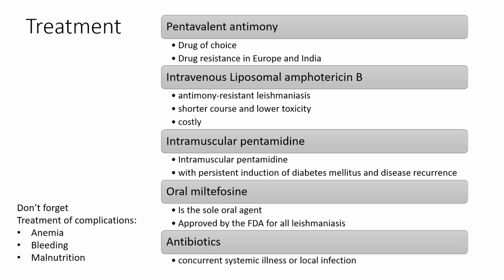Another available treatment is intramuscular pentamidine, which has been shown to cure the infection, but it can also induce diabetes mellitus, so it is not very suitable. There is one and only oral form of treatment, which is oral miltefosine. It is the only form that can be used orally, and it is already approved by the FDA.